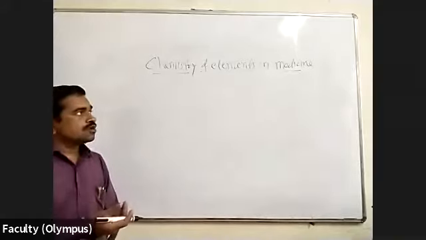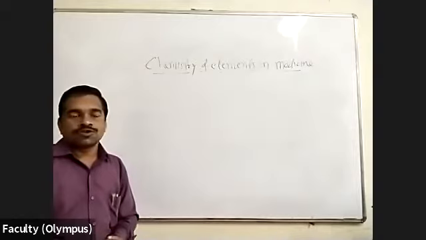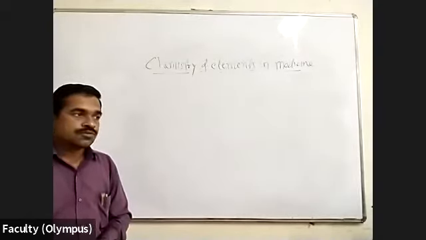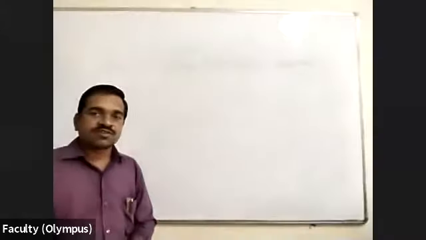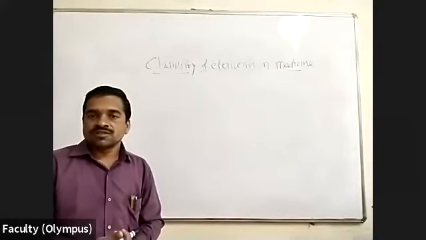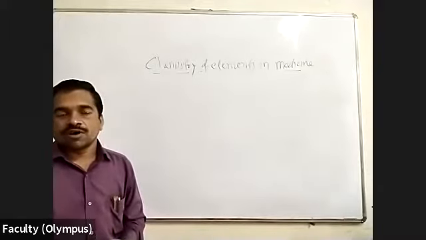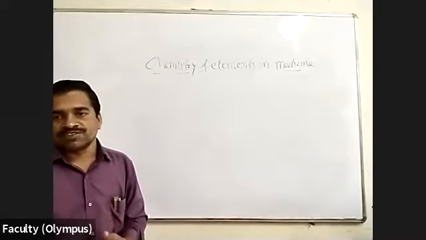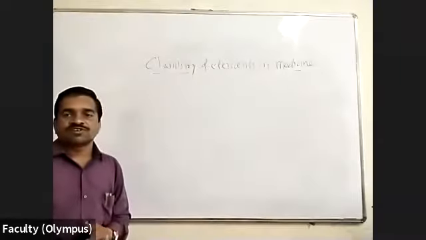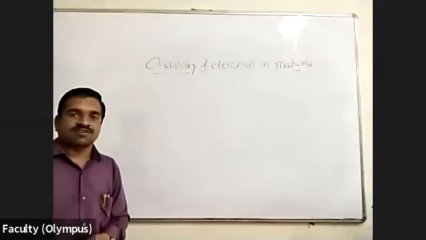Okay. Now there are a number of elements present. Yesterday we have seen there are about 30 to 35 elements present in the living system. Some are required in large quantities, carbon, hydrogen, nitrogen, oxygen; these are called bulk elements. Some are macro elements, like calcium, phosphorus, etc. And some are called trace elements, ultra trace elements.